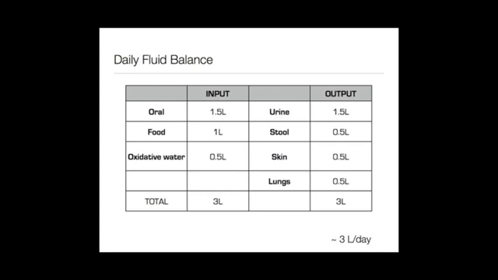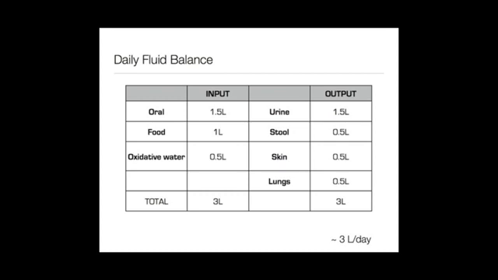So in terms of important inputs, you've got oral water input, accounting for about 1.5 litres. But you've also got a very important component of your daily fluid input that comes from food, and this is about 1 litre. And then finally, you've got this kind of semi-mystical 0.5 litres of oxidative water, which isn't obvious if you were just thinking about ins and outs.